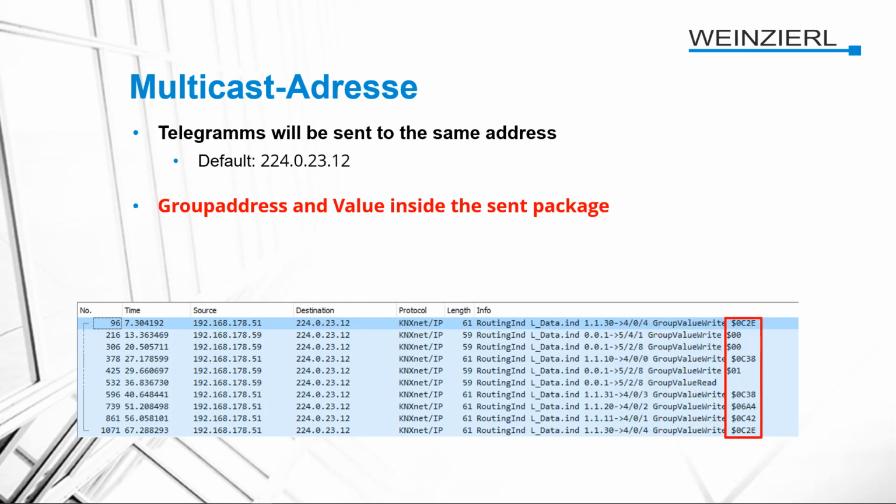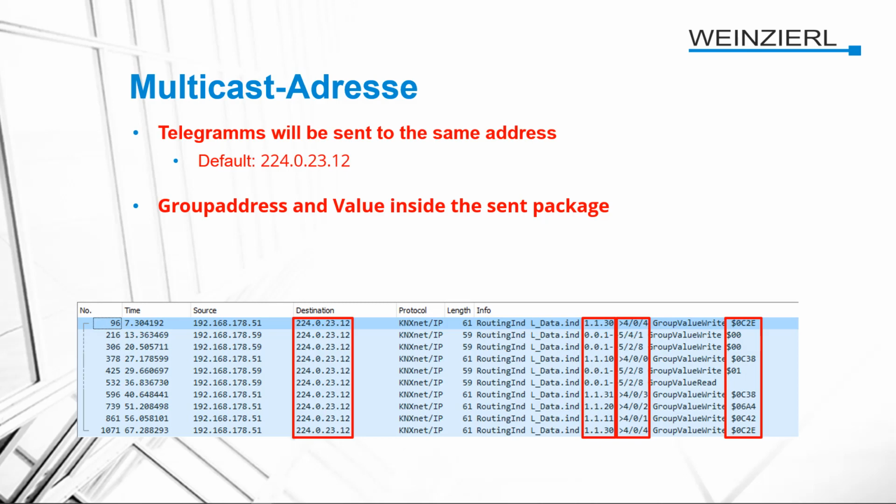Then the second telegram, there we have the address 001, so the physical address, and a telegram to the group address 5/4/1. And now in this case we can see a write telegram with the value 0. So in this telegram something is going to turn off, for example the light or a channel of an actuator.